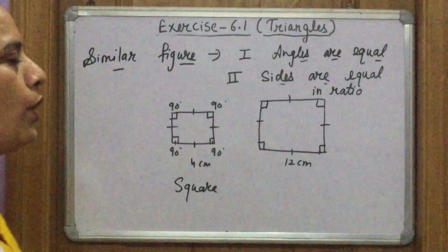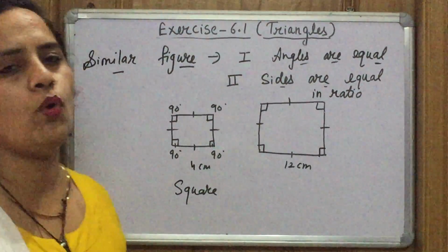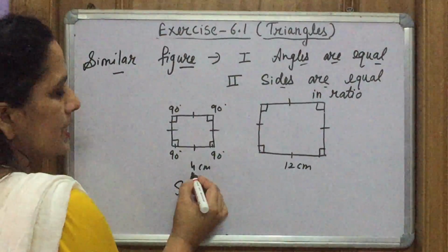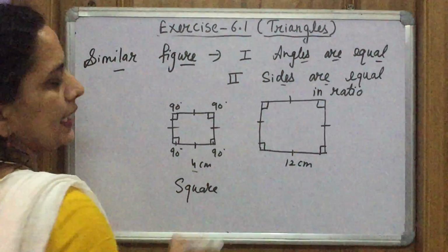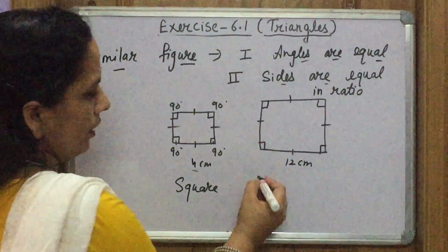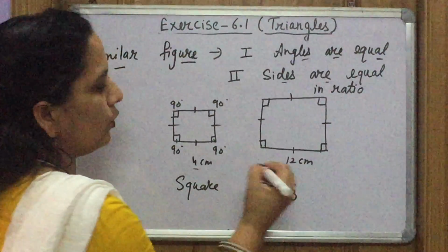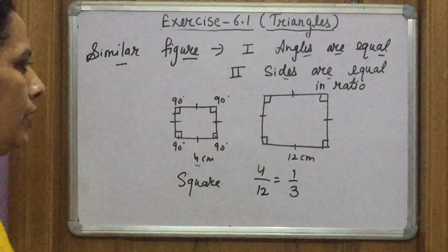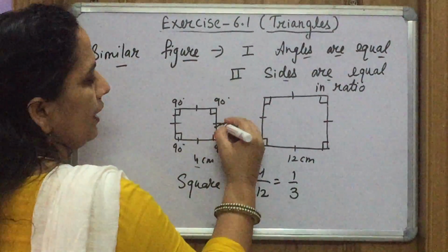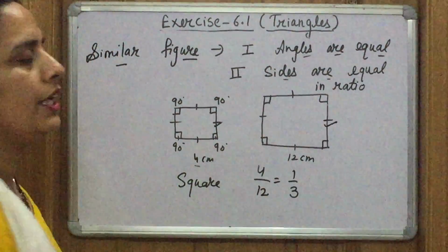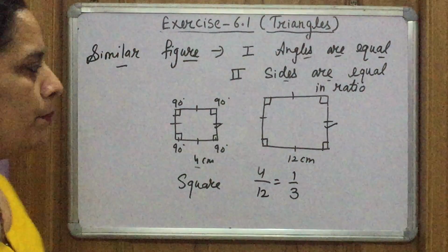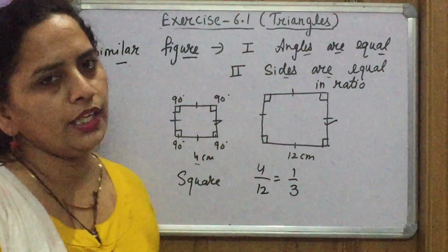That means you have to find out the ratio of the sides. The first side is 4 and the second side is 12. If we find the ratio, it will be equal to 1 by 3. Similarly, if we find the ratio of these two sides, it will also be equal to 1 by 3 because all the sides are equal.